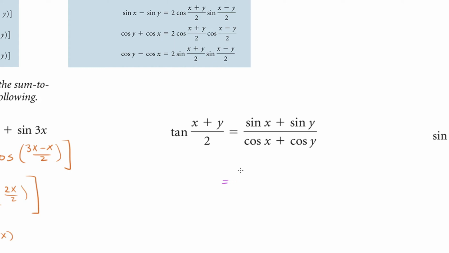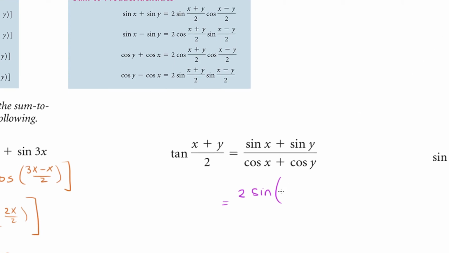The numerator becomes 2 sine of (x plus y)/2 cosine of (x minus y)/2.